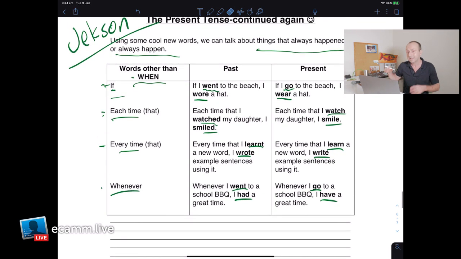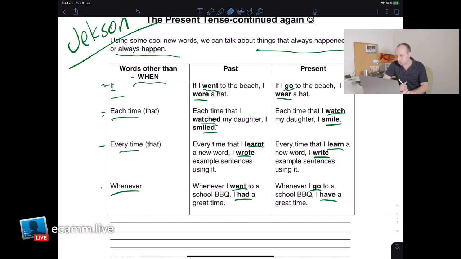Cool. That doesn't mean that every time you do it, you could be able to swap all of these words. The majority of the time, yes, but English is a rubbish language. There are lots of rules and there are lots of exceptions, so be careful.